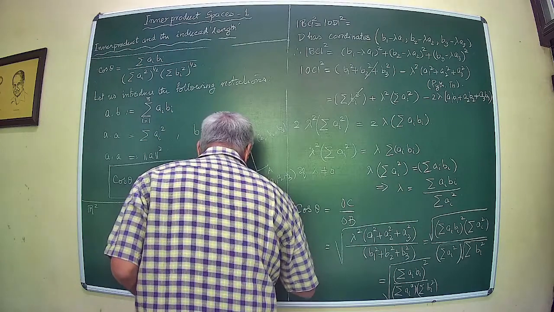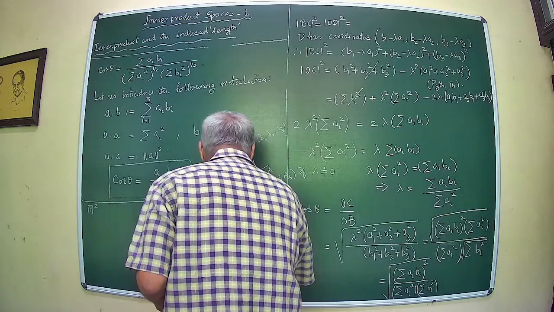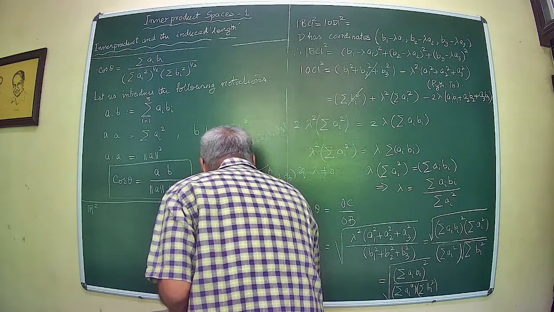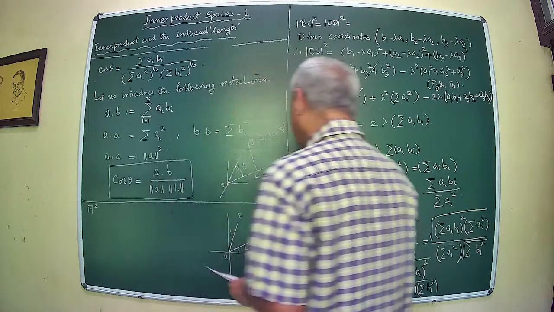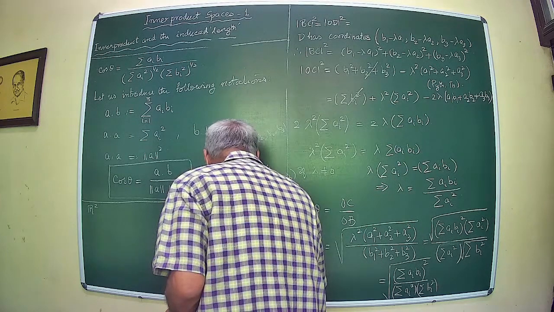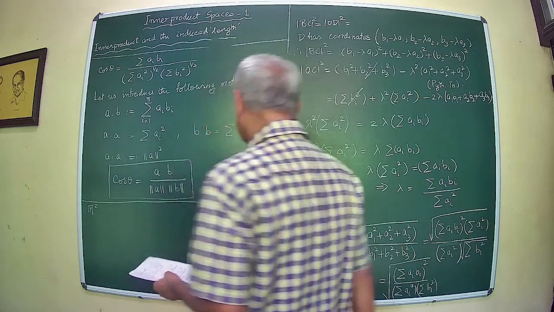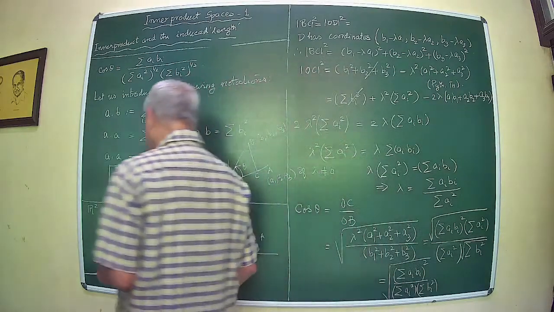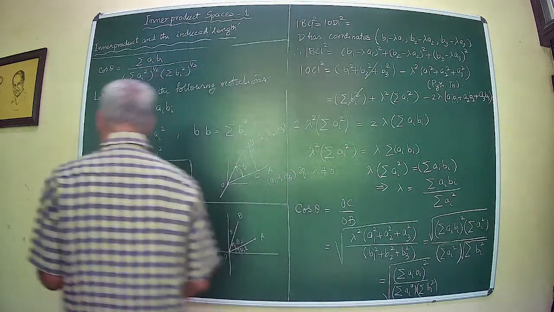These are unit vectors. Okay, so this is of length 1, this is also of length 1. Now, this is O, A, B, both are unit vectors, and this angle is say theta 1, this angle is theta 2. So the angle between OA and OB is theta 1 minus theta 2. So let us compute this.